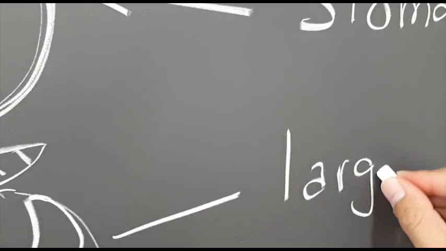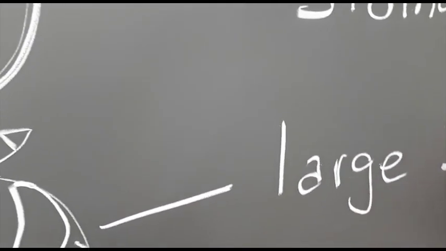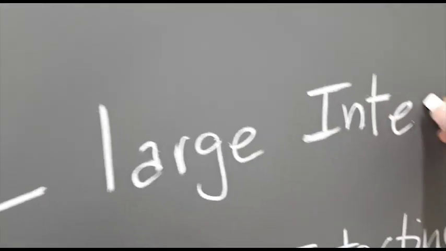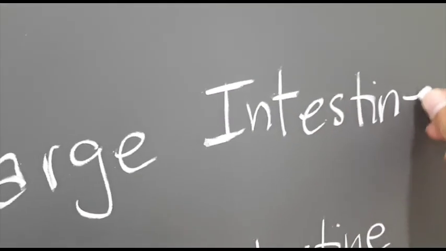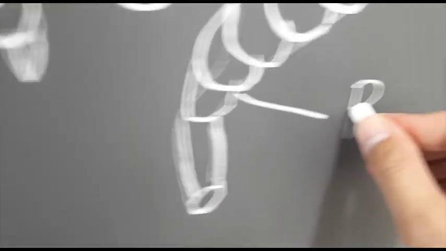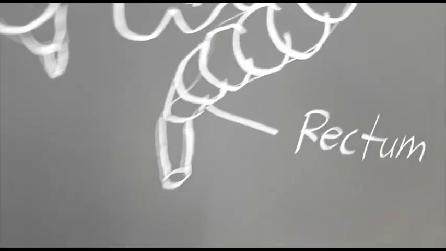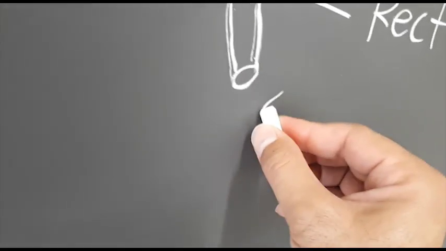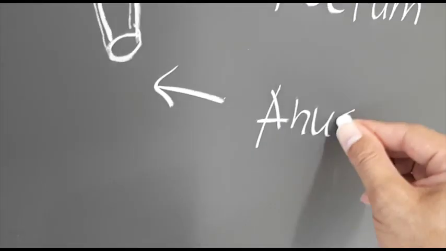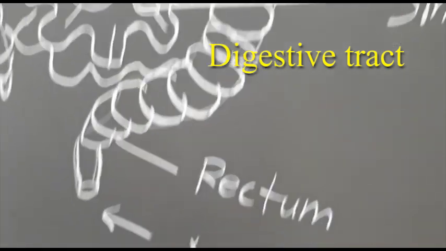Sorry, because I don't have a camera here that works with me. Intestine. Okay, finally here we have the rectum, which is like a small storage of the waste that we don't need, and the anus. This is called the digestive tract because it's like a tube that begins in the mouth and ends in the anus.